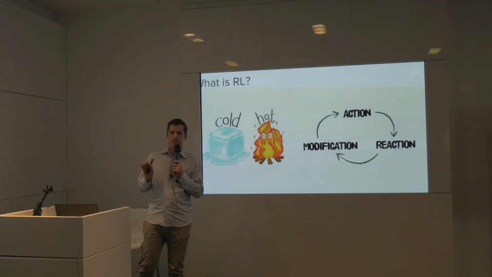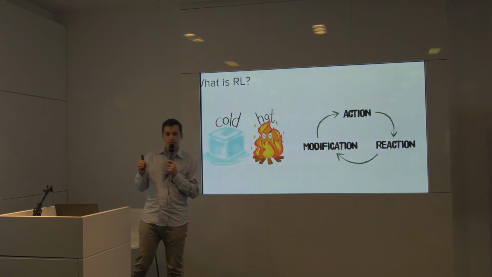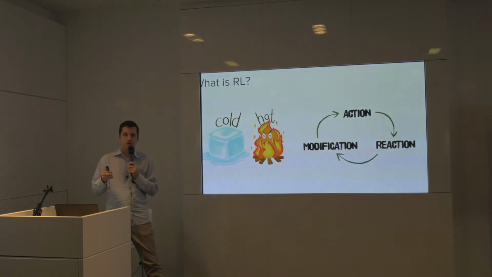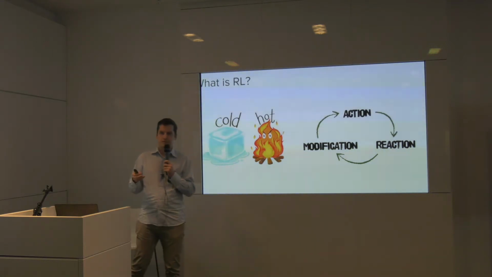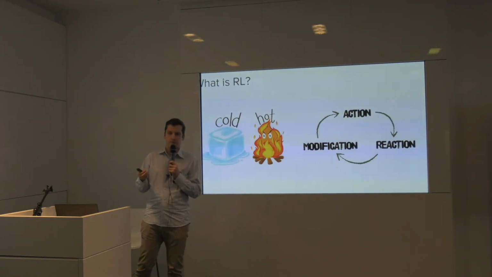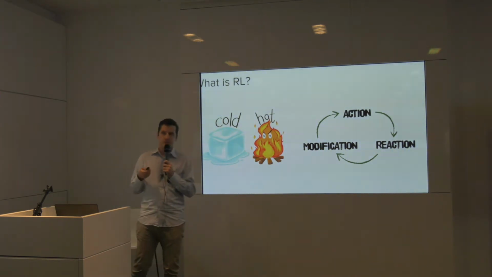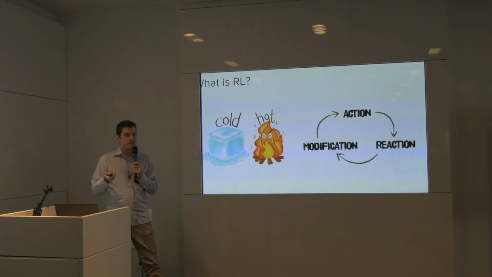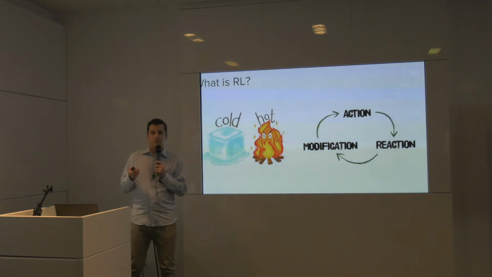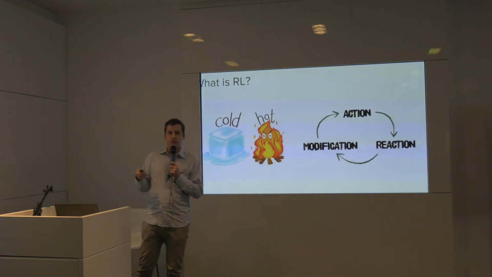You move around the world, and the only information you get is hot or cold, whether you're happy or unhappy, whether you got a reward or not. That's pretty much the only information. There's an action we make, there's a reaction from the world in a sense, and there's a modification. And what's the modification? We think about modifying our behavior so that we get more reward.